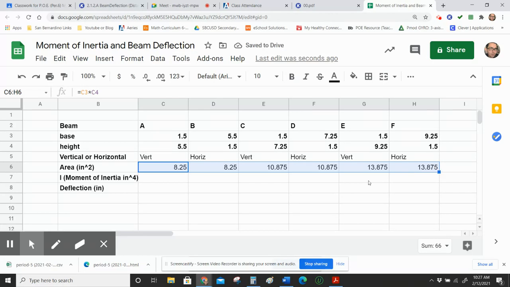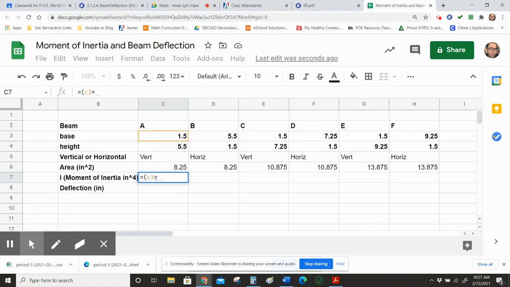So once again, Excel is very useful when it comes to performing long and complicated calculations. Now let's do the moment of inertia. The moment of inertia is the formula base times height to the power of 3 divided by 12. So let's do the equal sign because we're going to put a formula. The base for this would be, again, C3 times the height, C4.